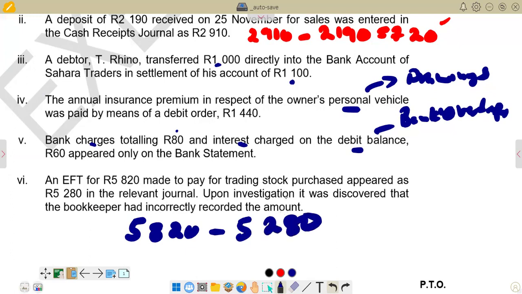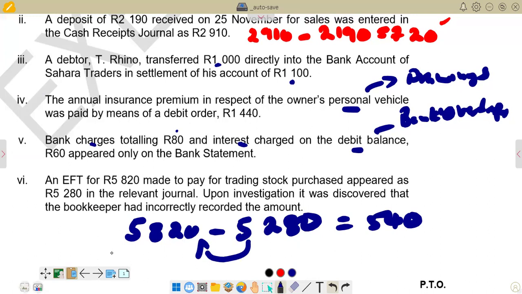And we see that we calculate it there. Let's try to calculate it and see what we get. 5,820 minus 5,280. We get 540. So we've got 540 that we have here. And we need to put it again on the credit side of the bank account so that this 5,280 goes to the correct figure of 5,820.